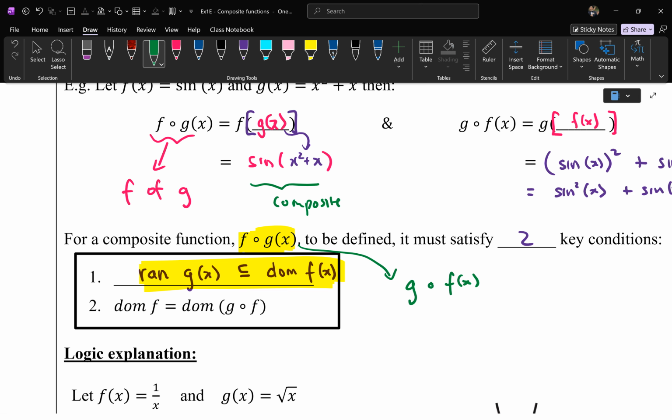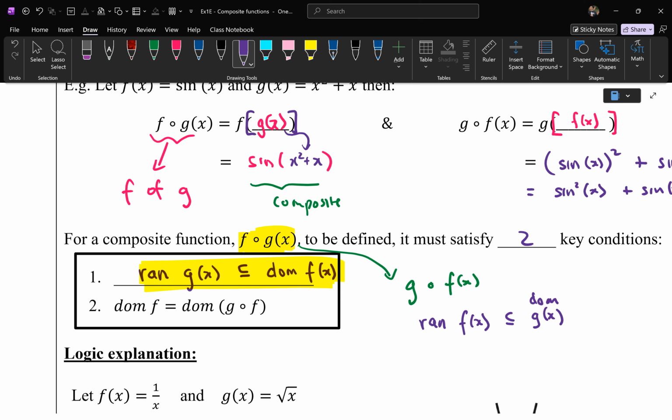And then students will write this, and that's wrong, because this is now flipped around. The answer for this one is that the range of f of x needs to be a subset of the domain of g of x. Now, I don't want you to memorize it. I'm going to try to teach you to understand why this is the case. Because if you understand it, then you don't even need to memorize these two.